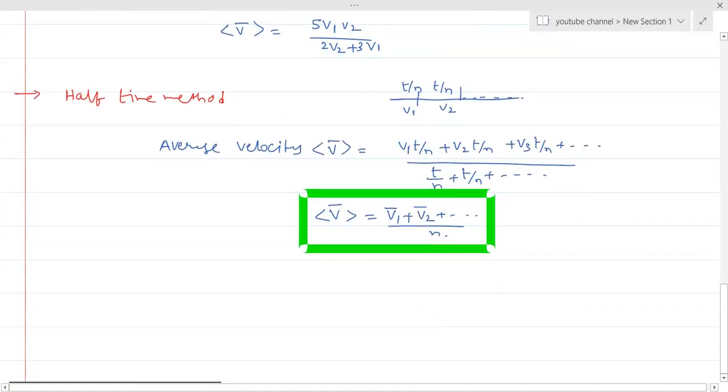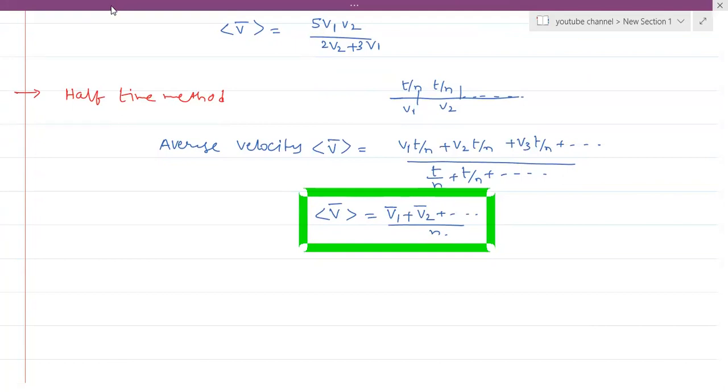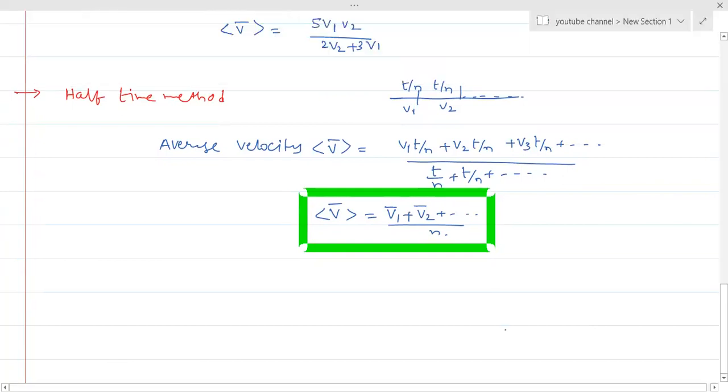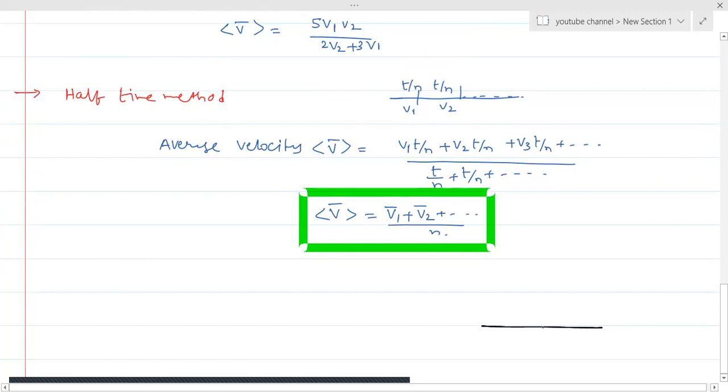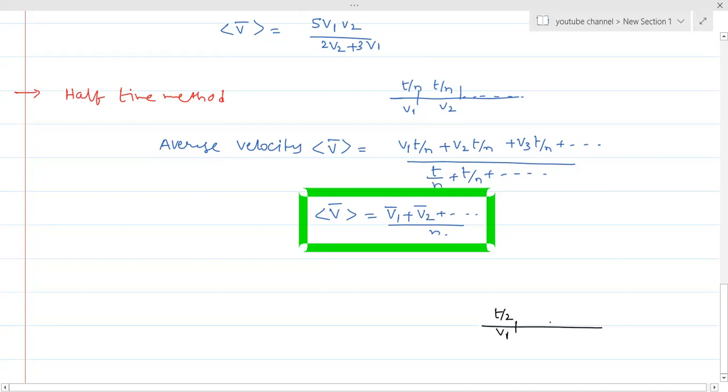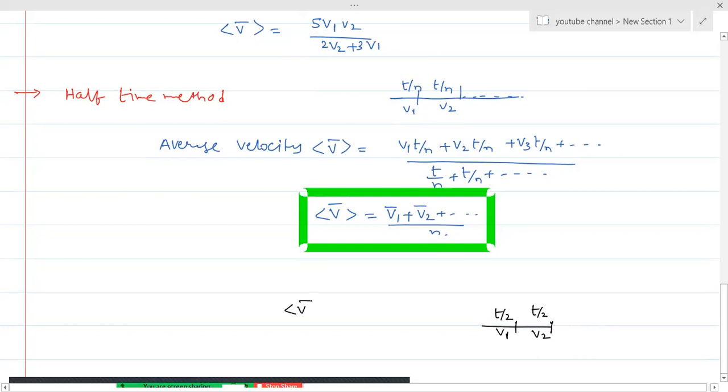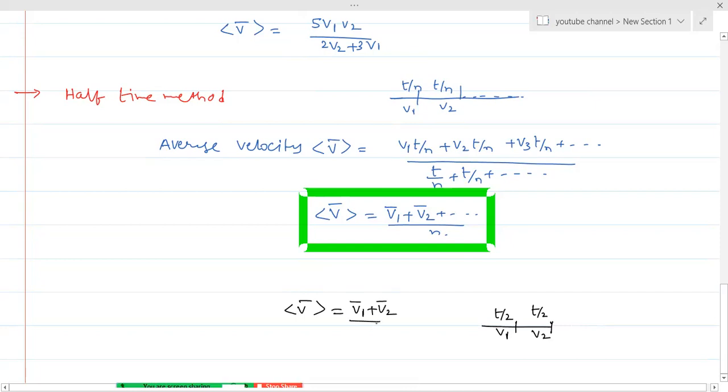So this is important logic. From there we can easily understand the situation. For example, for the first t by 2 it covers with speed v1, and for the second t by 2 it covers with v2. So like this, the question is given. Simply we will write average velocity as v1 plus v2 by 2.